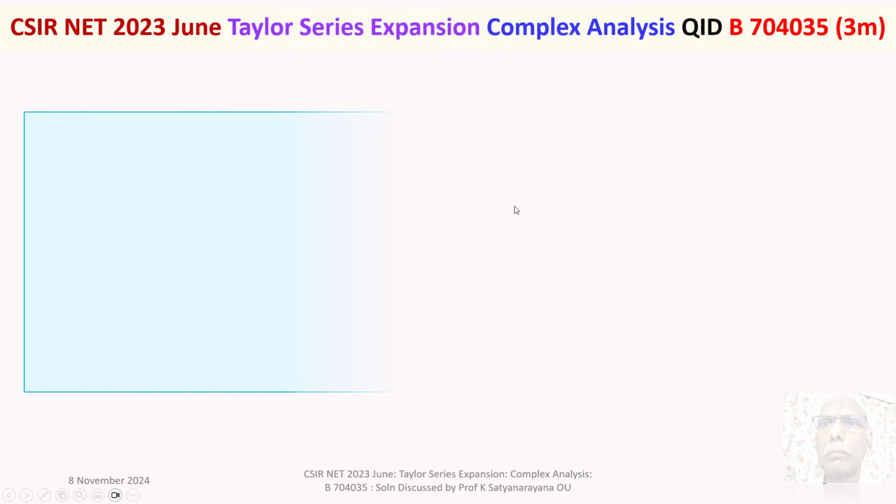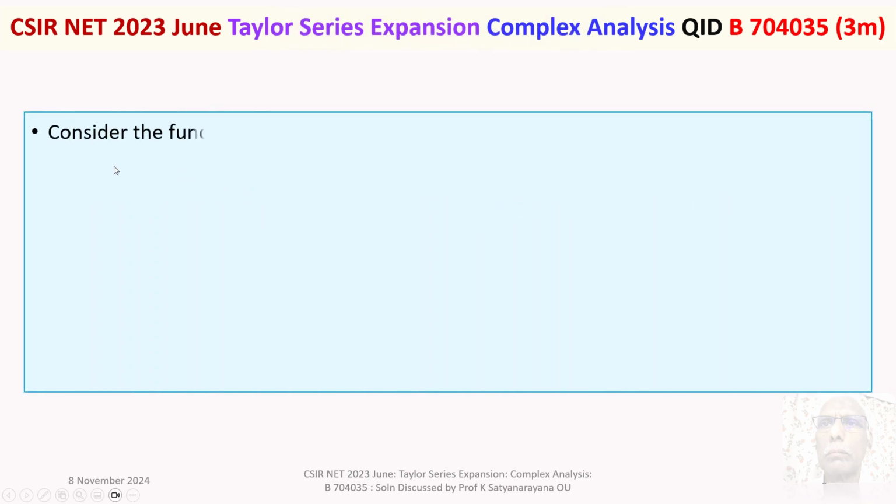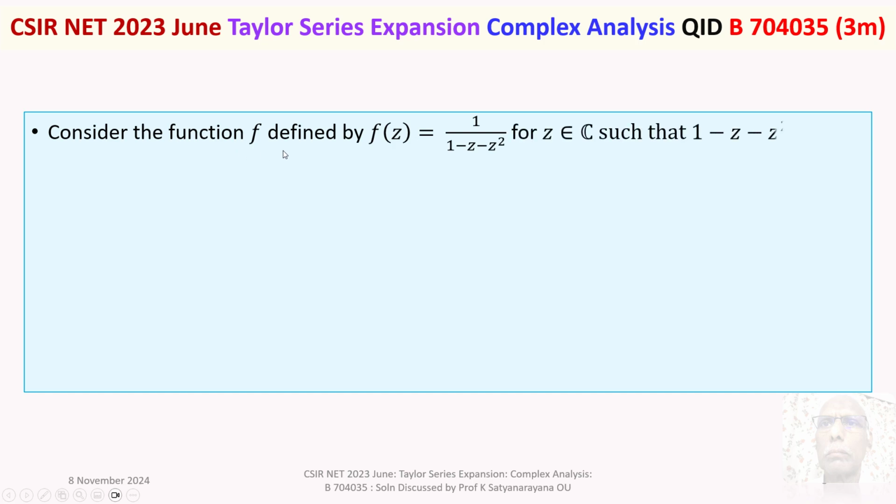Right. The given question is: consider the function f defined by f of z is equal to 1 by 1 minus z square for z belongs to C, the set of complex numbers, such that 1 minus z square not equal to 0.